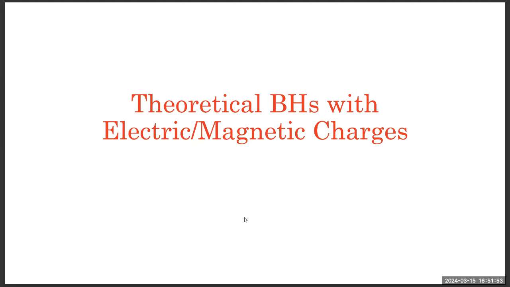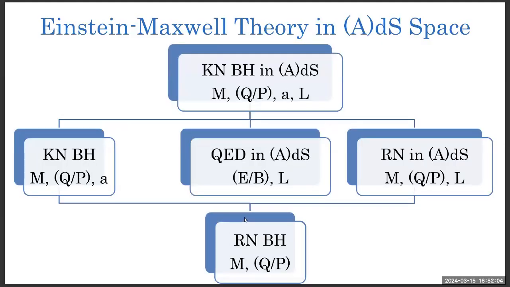Now let me explain theoretical black holes with electric and or magnetic charge. I believe that most of the researchers here at CCAST or Sogang work on this theoretical black hole physics, not astrophysical black holes. So this is a summary in 4 dimensions.